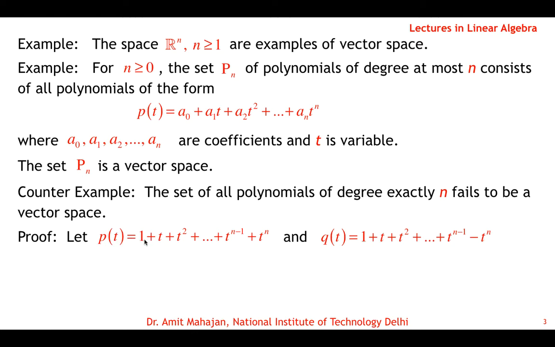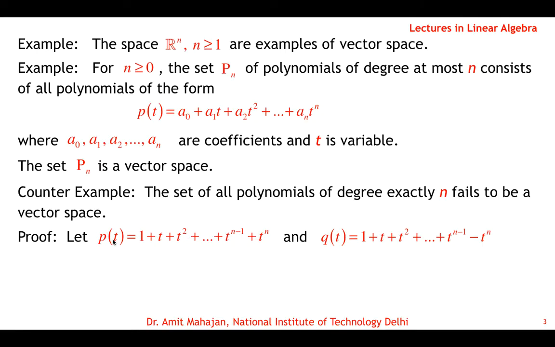If I take two polynomials of degree n and define the first polynomial as p(t) = 1 + t^2 + and so on + t^(n-1) + t^n, so it's a polynomial of degree n. Similarly, I define another polynomial q(t) = 1 + t^2 + and so on + t^(n-1) - t^n, so it's again a polynomial of degree n. Then if you add these two polynomials, the t^n and the minus t^n add up to make this last term 0.